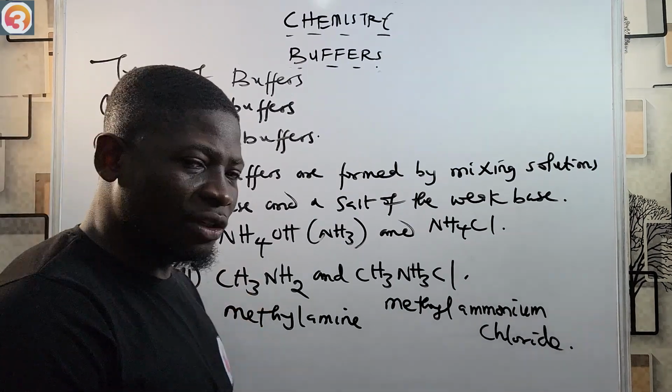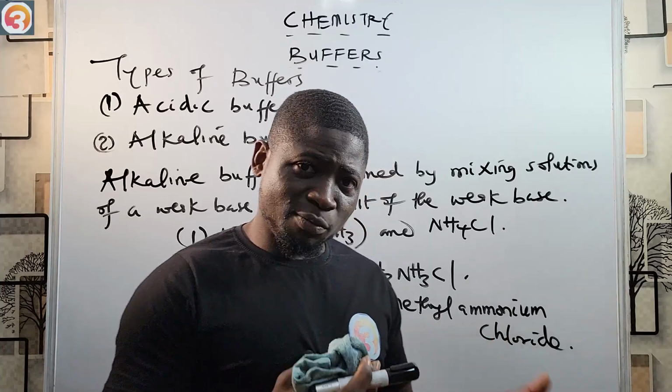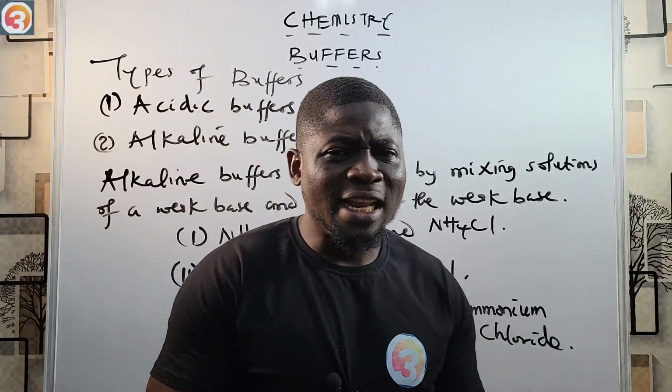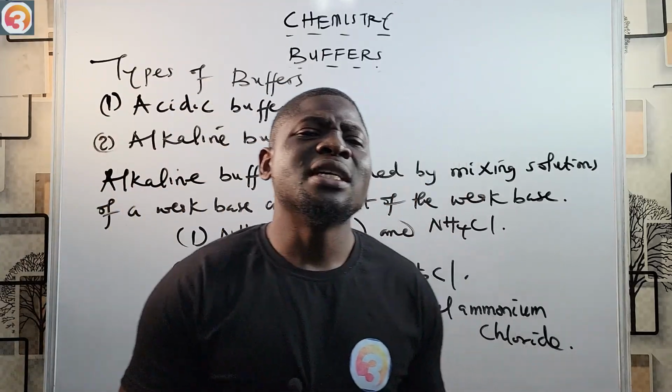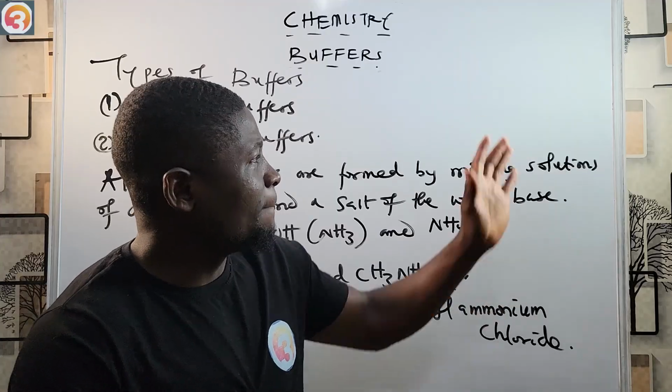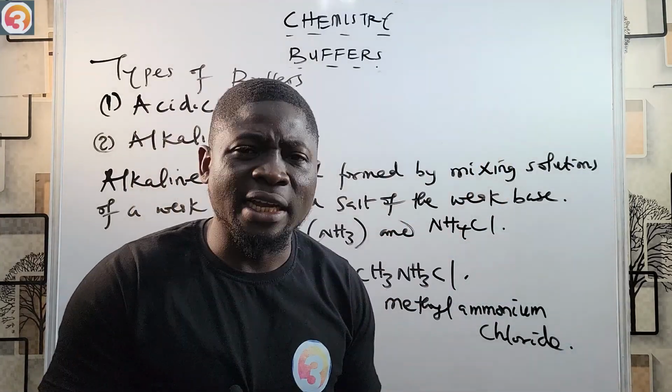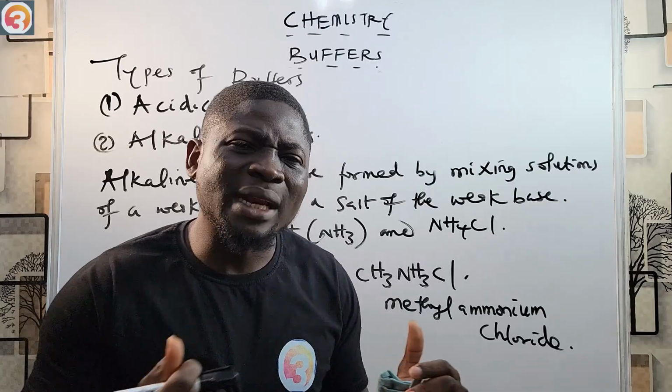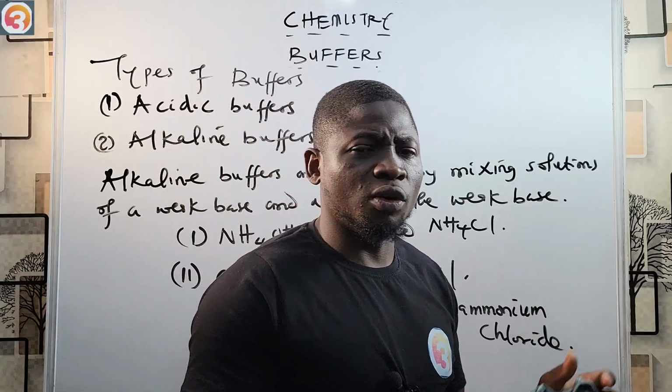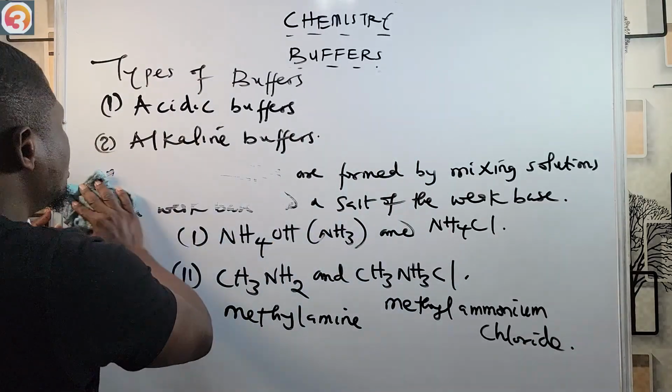Now that we have seen the two types of buffers, the acidic buffers and the alkaline buffers, let me now show you how the hydrogen ions and the hydroxyl ions are mopped out from the solution of buffers.